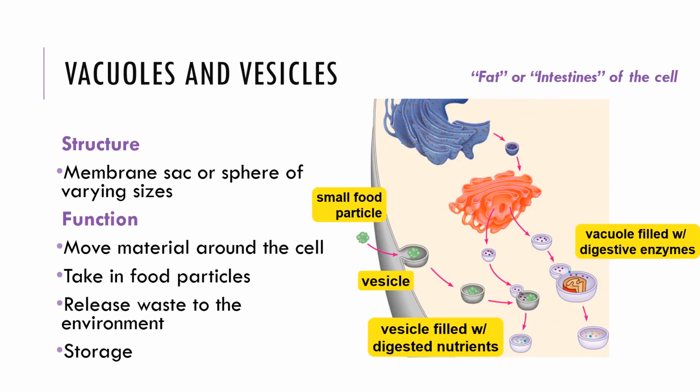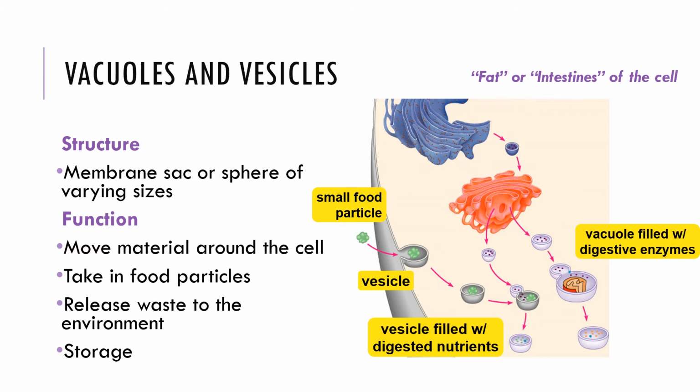So we talked a little bit about vesicles when we discussed the Golgi body. Vesicles are just tiny little sacs of membrane, the same membrane that makes up the cell membrane, the nucleus, the ER, the Golgi. We all use this phospholipid bilayer.